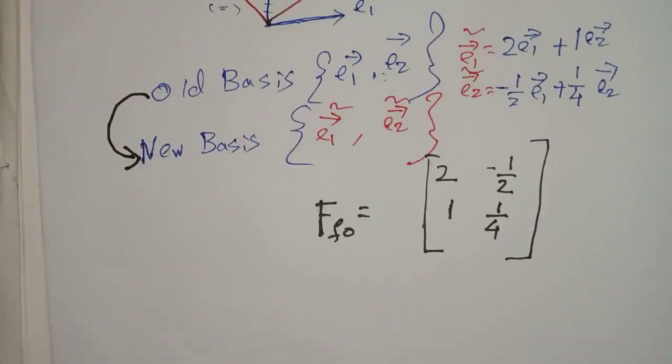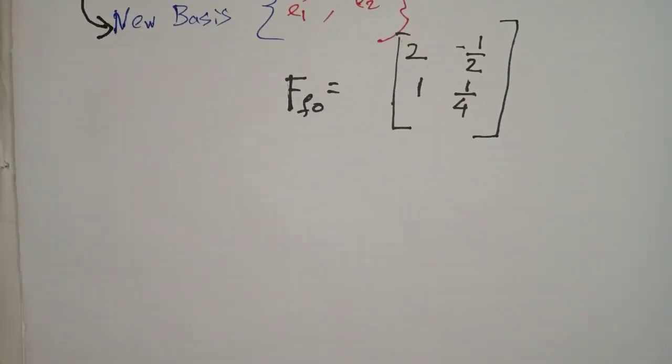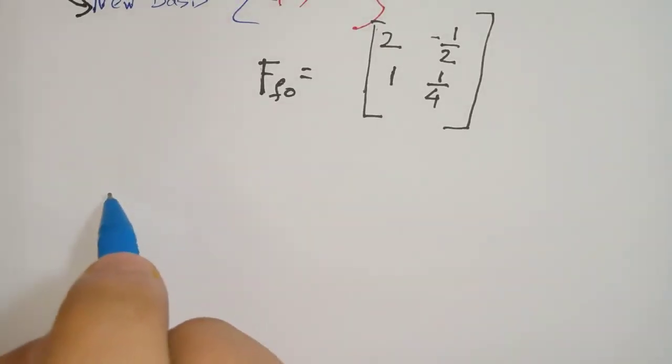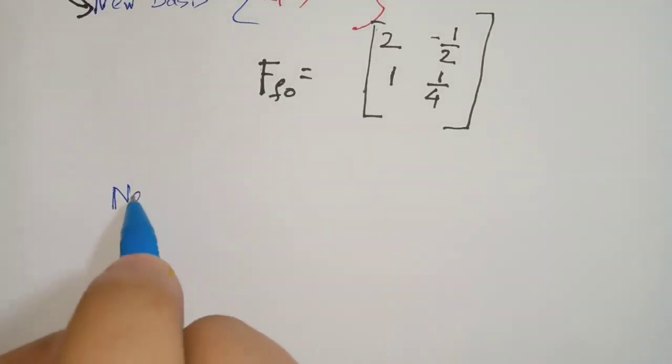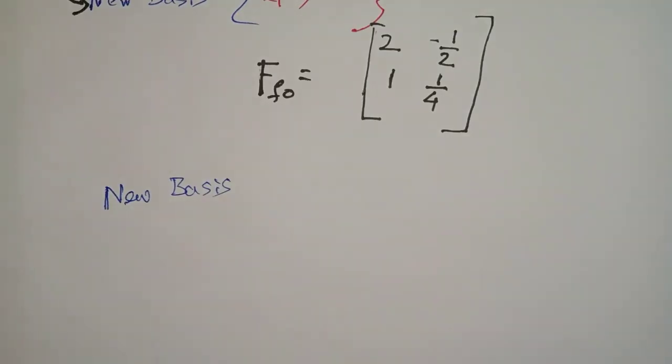Now we want to go back, that is from new basis to old basis. So let us write down once more what are the new basis vectors. So we put the new basis vectors once more for our convenience.